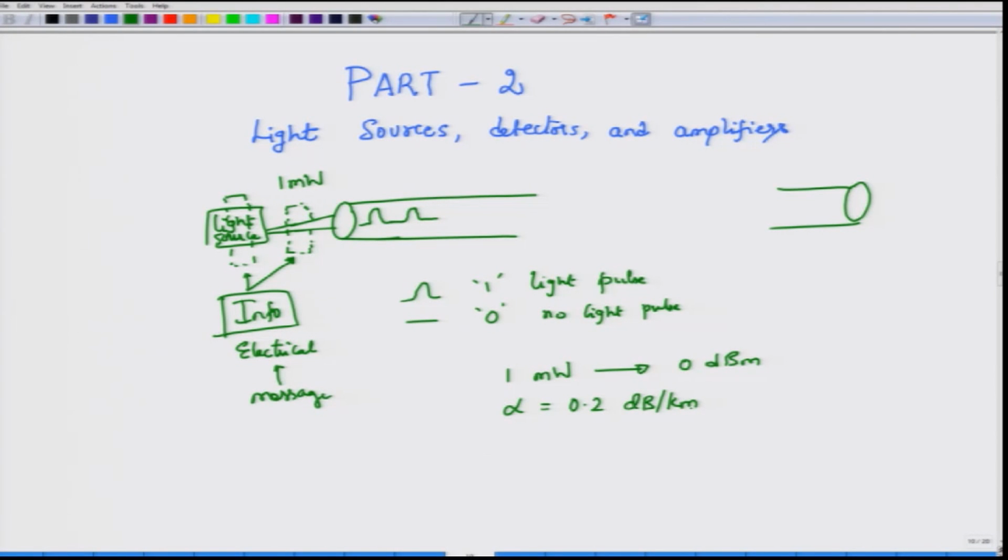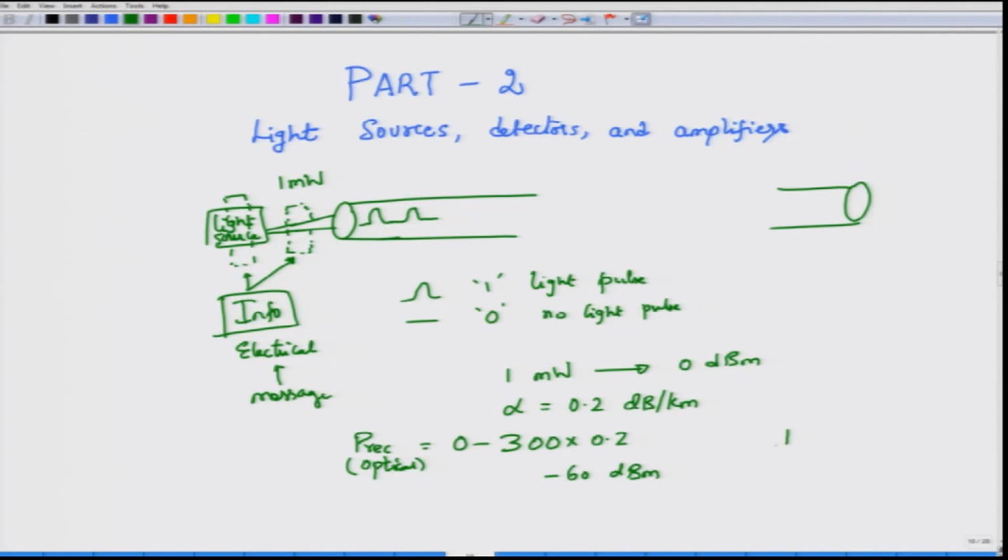So, if you were to go, say, 300 kilometers, the power that you would receive at the receiver, and this will be in the optical domain itself, so I am going to write this in optical just to emphasize that this power is in the optical domain, would be this much. 0 dBm is the initial launch power, and then this power gets attenuated by 0.2 dB per kilometer, and since you have gone 300 kilometers, this would be decreased by roughly 60 dB. Therefore, the power received in the optical domain would be about minus 60 dBm.